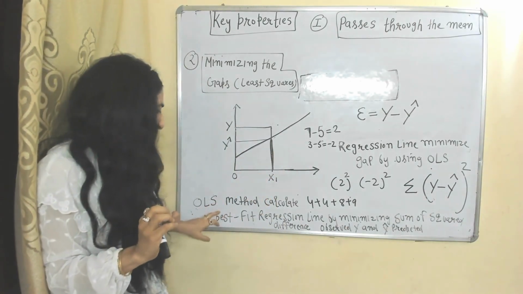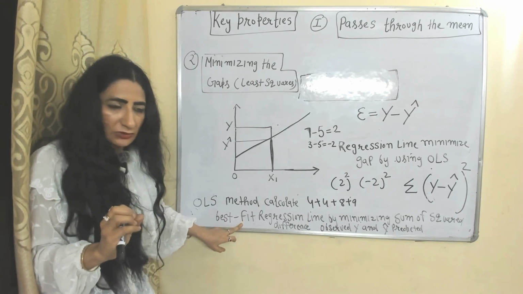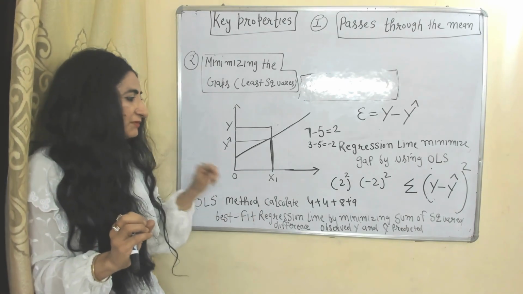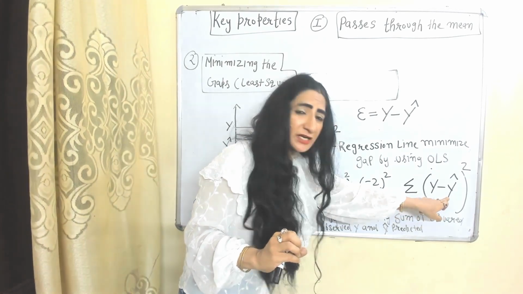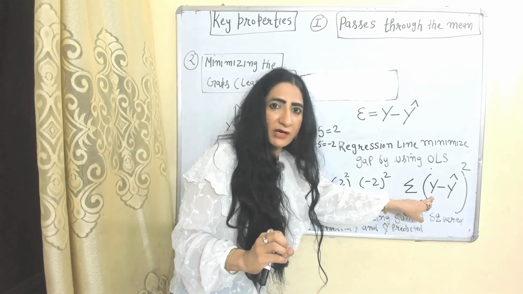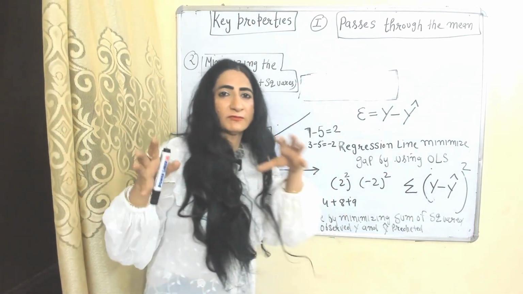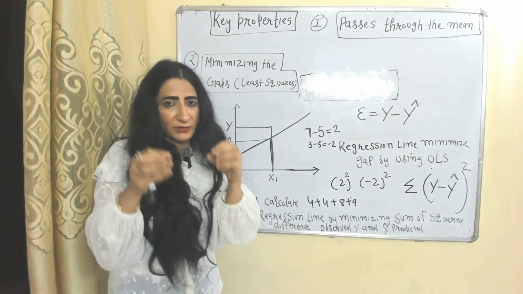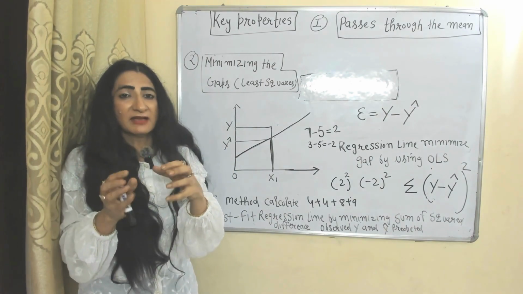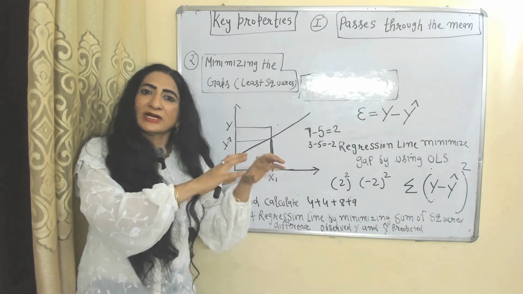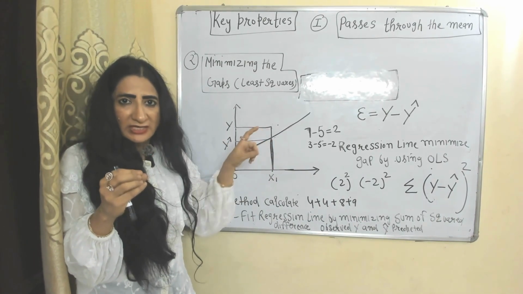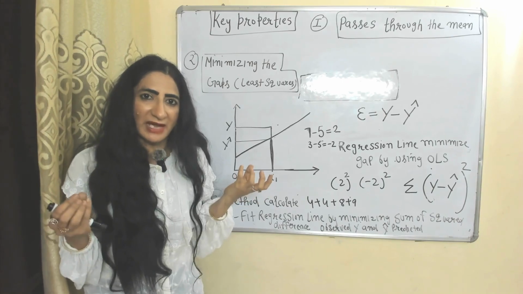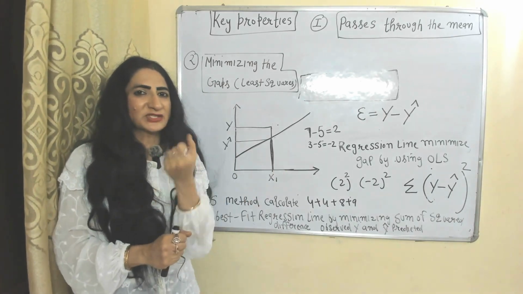Or you can say that the OLS method calculates the best fit regression line by minimizing the sum of squared differences between predicted value and actual value. In short, with the help of the OLS method, we can find a regression line which is closest to the actual data points. If our regression line is closest to the actual data points, that means we have minimum error, so it will be called our best fit line.